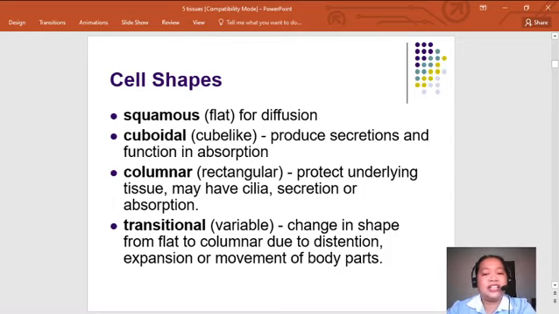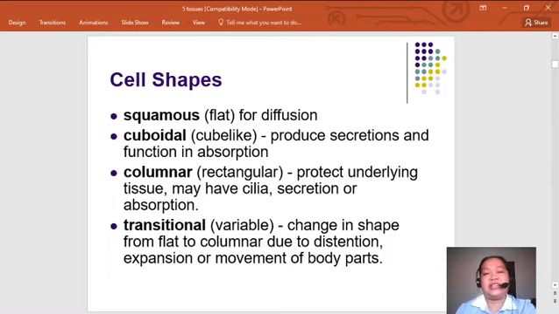While transitional, as the word suggests, changes its shape, from flat to cuboidal or columnar, due to distension, expansion, or movement of body parts.